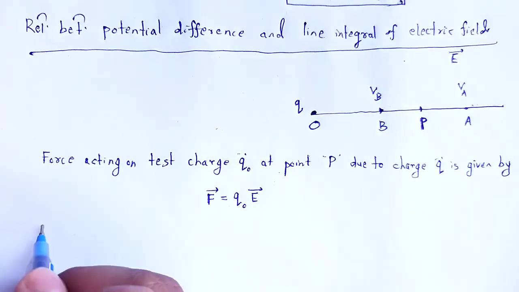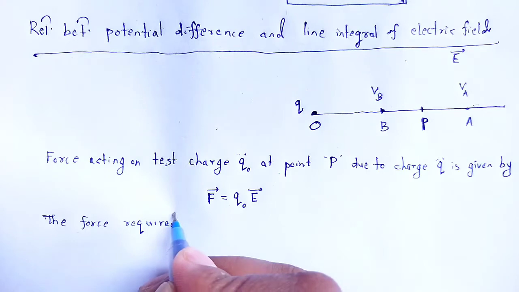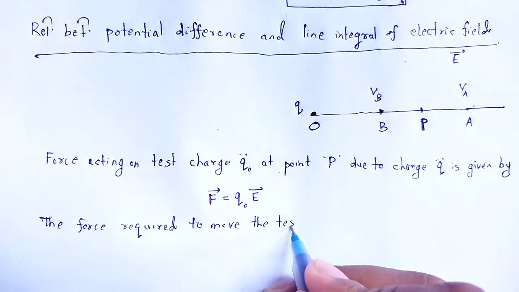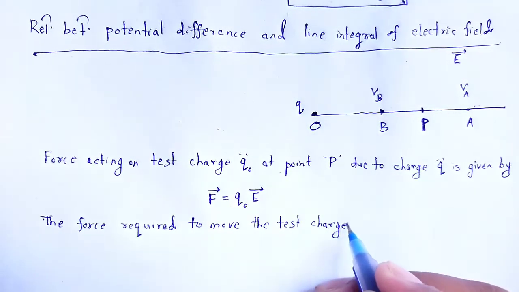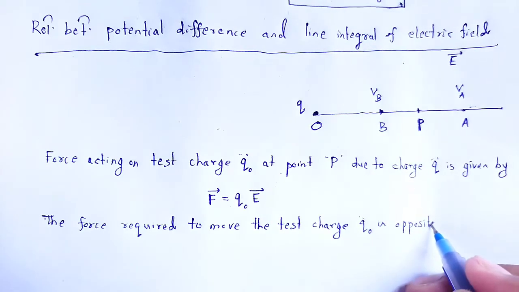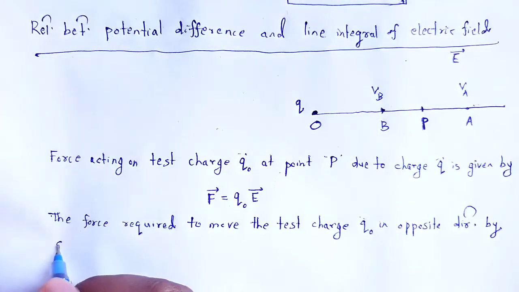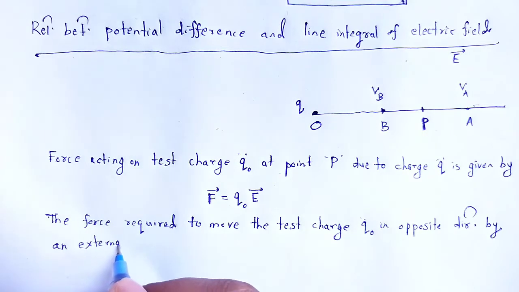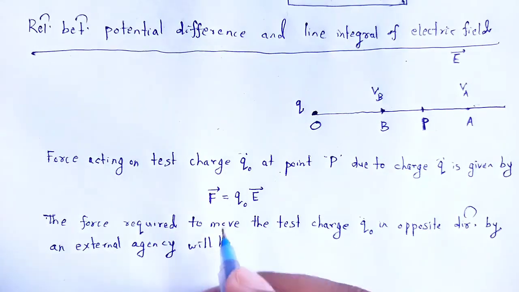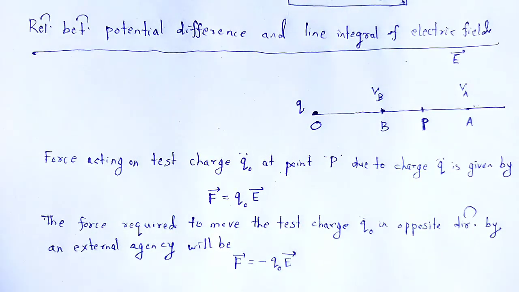So, we write the force required to move the test charge Q naught in opposite direction by an external agency will be, the force is just its negative, that is minus Q naught E. That amount of force is needed.